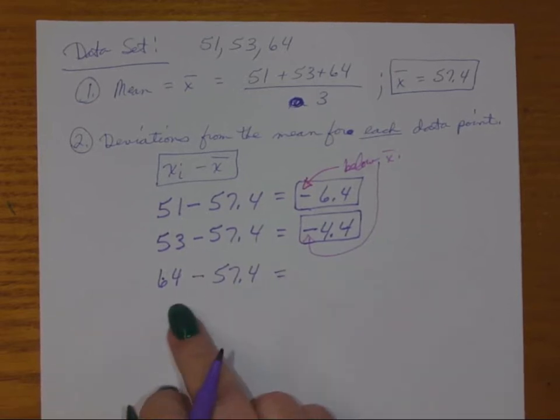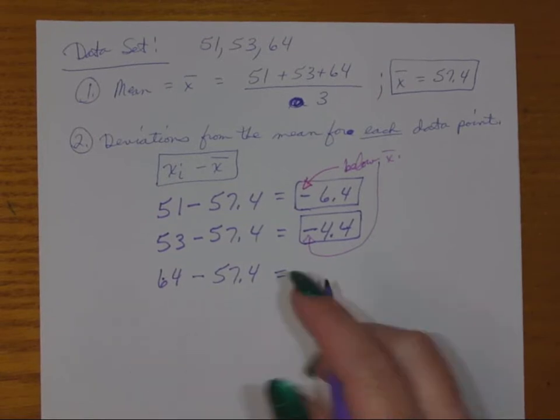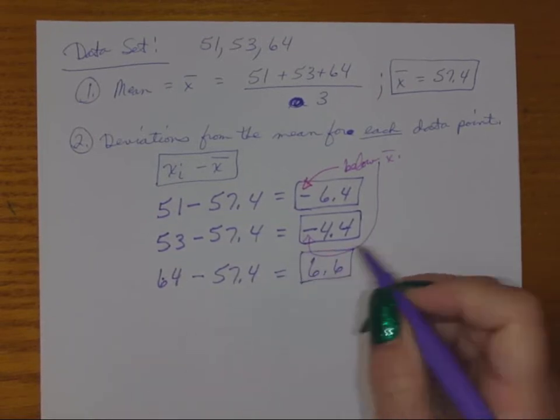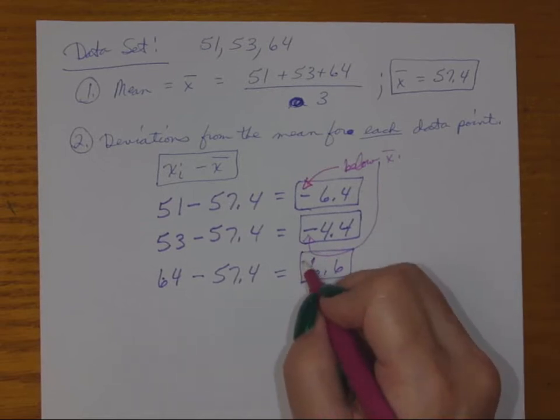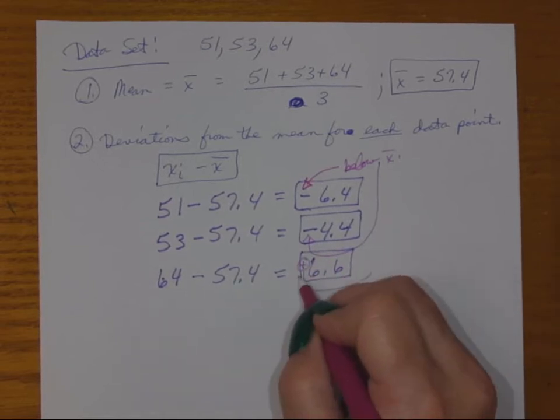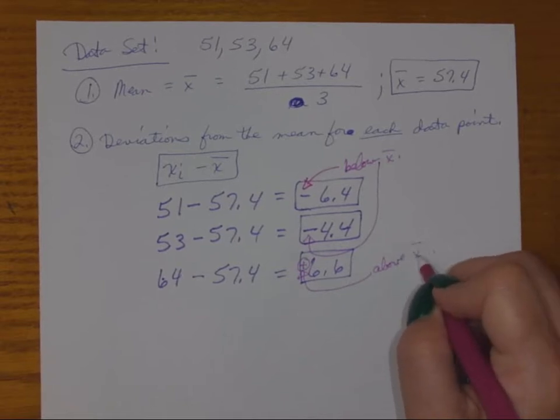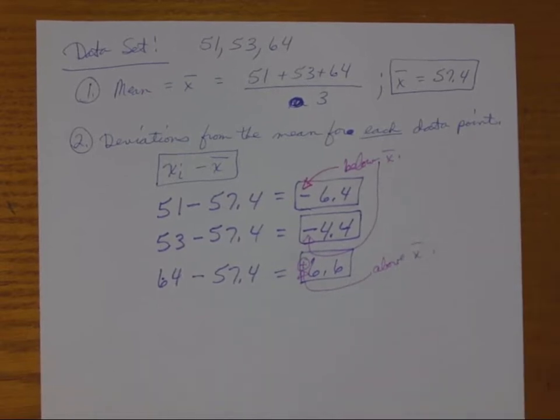That's going to be a positive, right? Because 64 is bigger. So now I've got 6.6, and it's positive. Because it's positive, we don't have to write the positive, but that means it's above the x bar. So it's got to balance out. If you have 1 or 2 that are below, you've got to have 1 or 2 above. That's just the way it works.